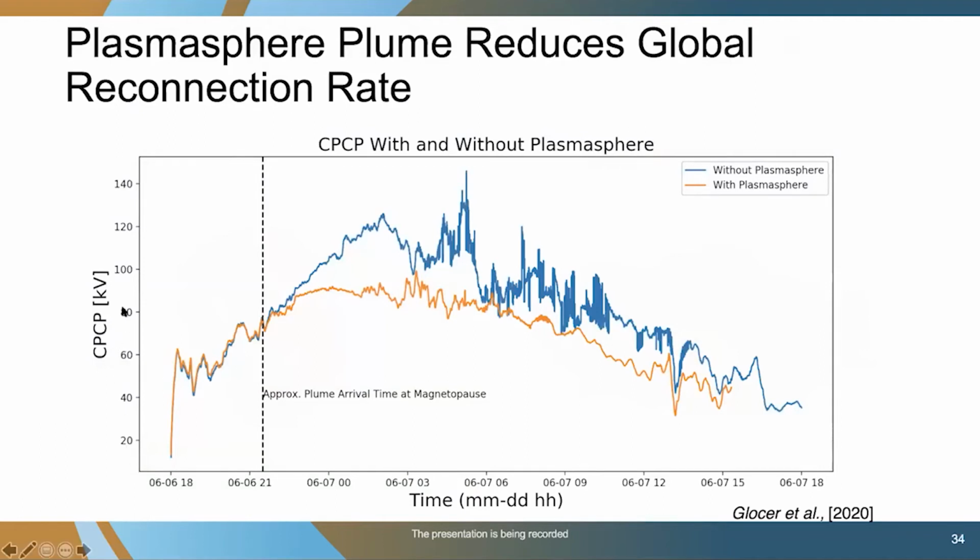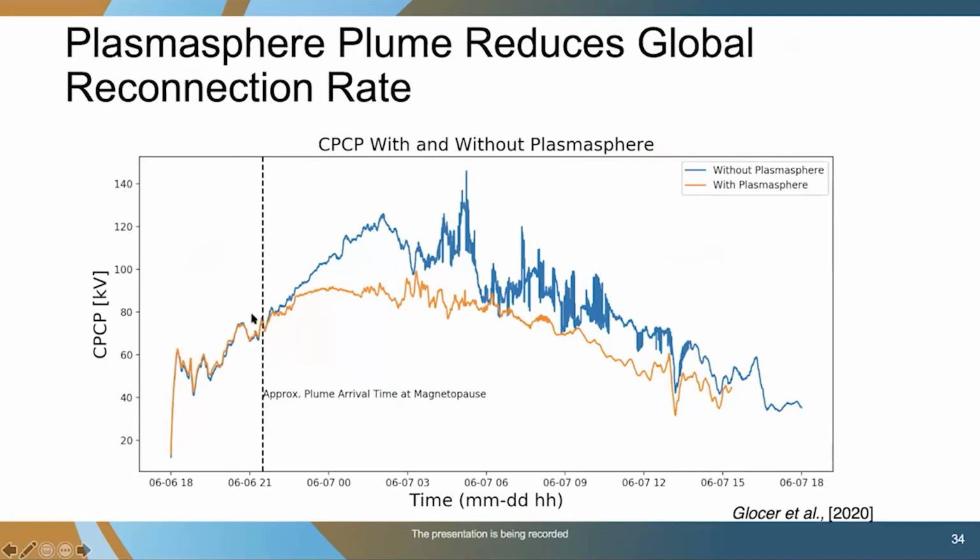We can use the cross-polar cap potential as a proxy for the global reconnection rate. And we do the simulation without a plasmasphere in blue and with a plasmasphere in orange. And if you look before the time of the plume arrival at the magnetopause, you see that the cross-polar cap potential is very similar in the two cases.